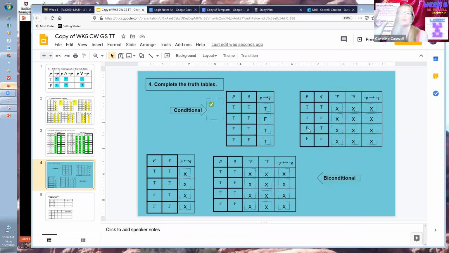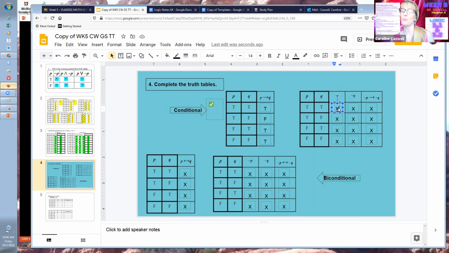So now we're going to move over beside it to the next one. And we're going to look at not P and not Q. You can do those. You already know how to do those. So why don't you do those first, and then try to find out what the if-then would be for not P, not Q. And we'll come back in just a moment.